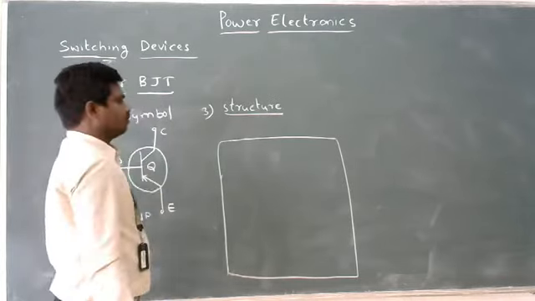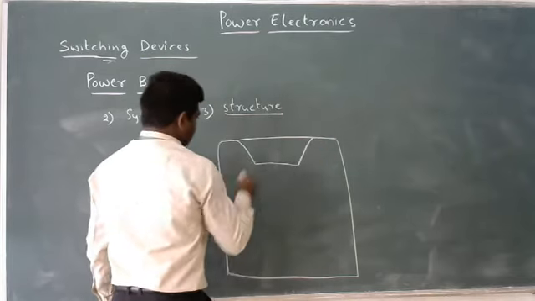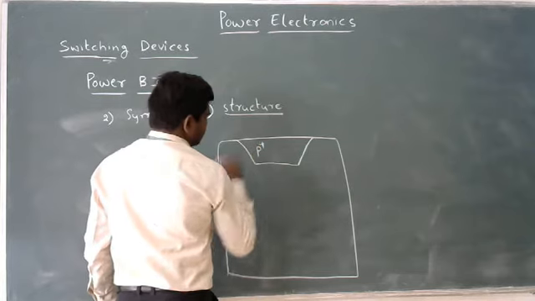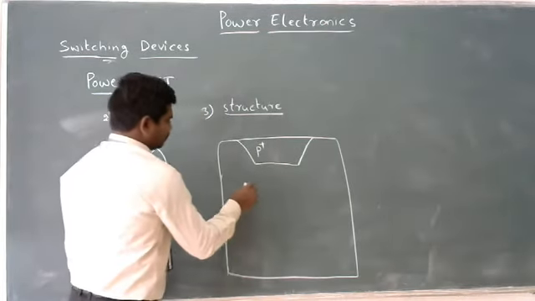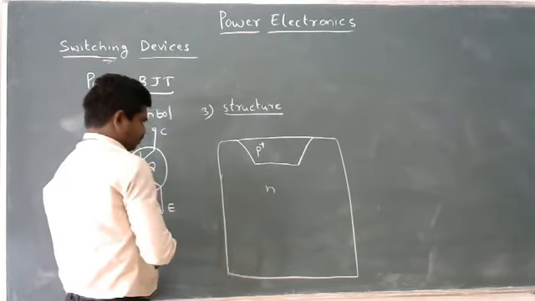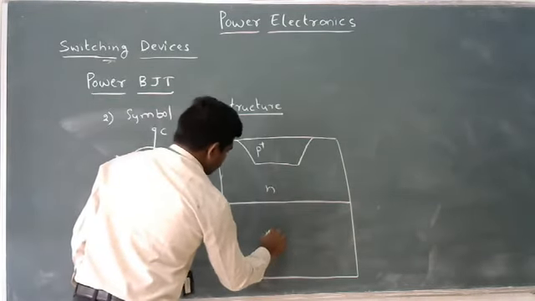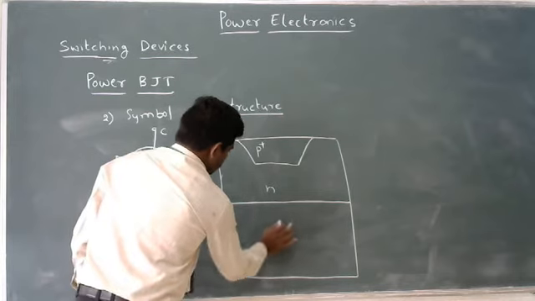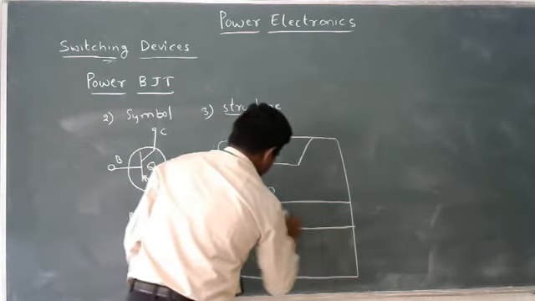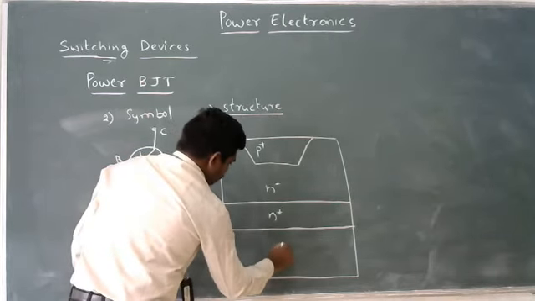This is the structure. This is the P region, P region, N region, N plus, N minus, and P region.